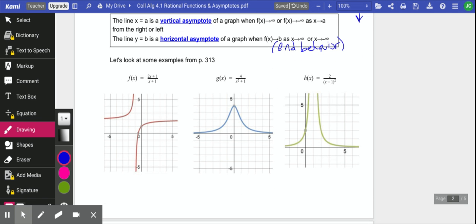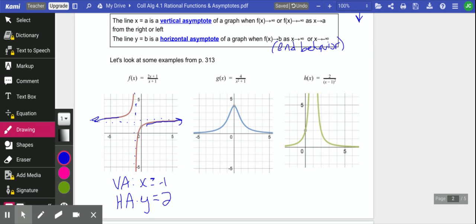We've got the equations here. On this first one, it appears we have a vertical asymptote right here at x equals negative 1. And a horizontal asymptote: notice as our x's get bigger and smaller, they both seem to be approaching this horizontal asymptote, which is y equals 2.